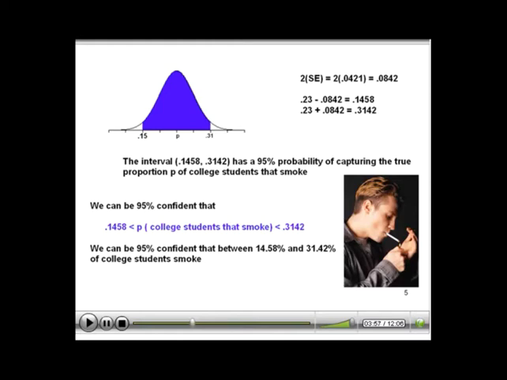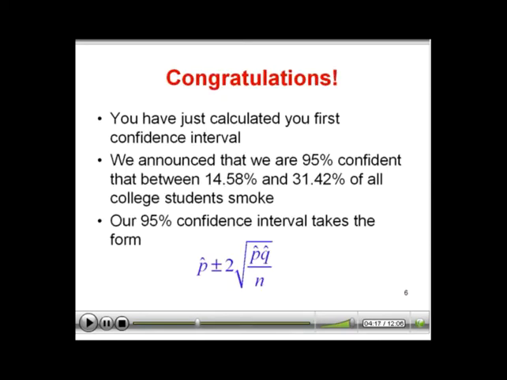If we convert this to percent notation, we can state with 95% confidence that between 14.58% and 31.42% of college students smoke. So there it is, our first confidence interval.